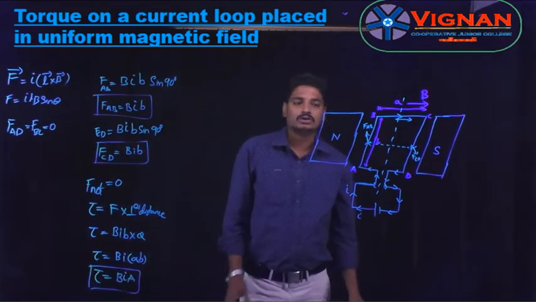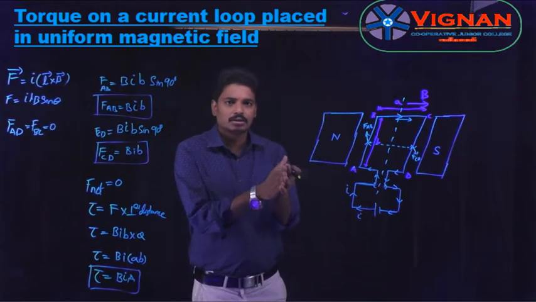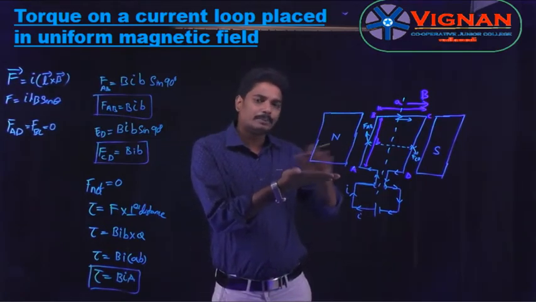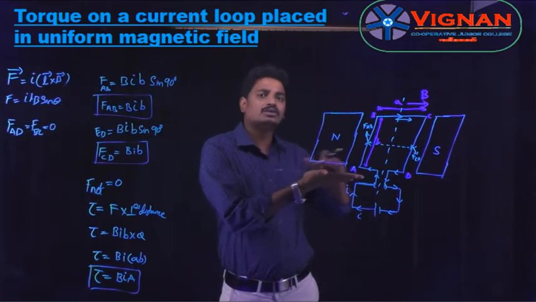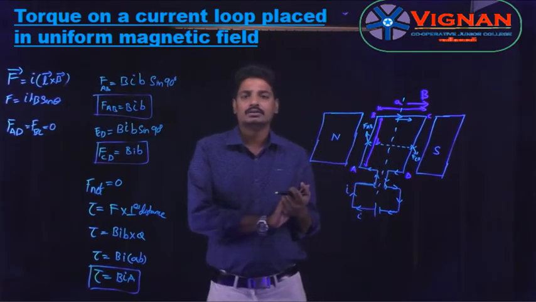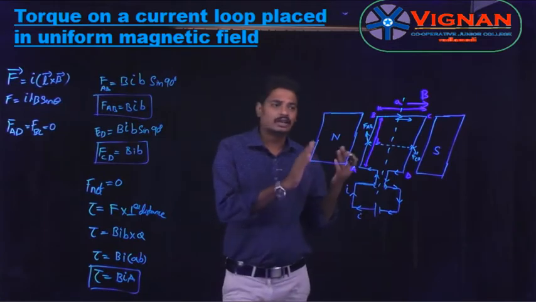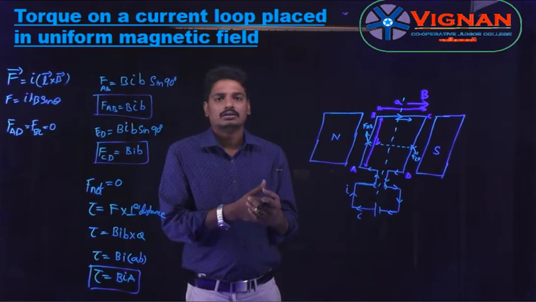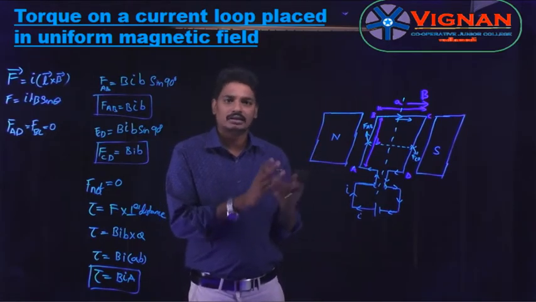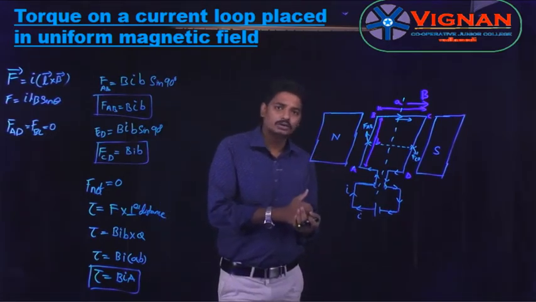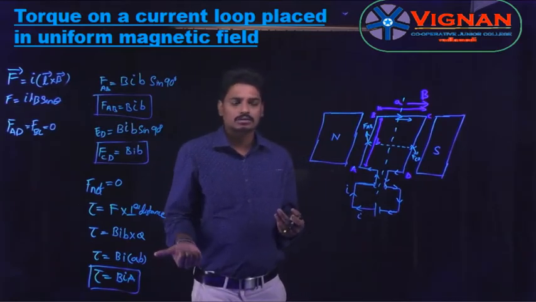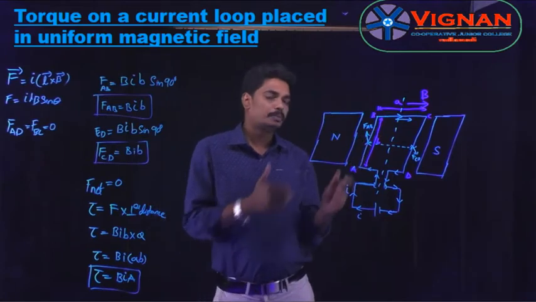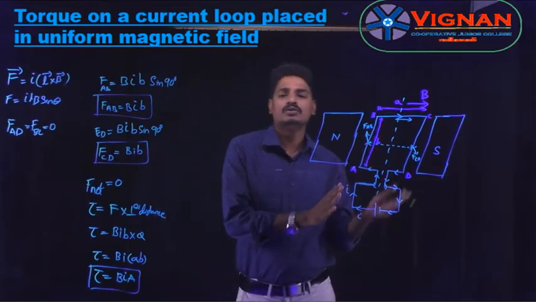Okay, so this is a simple case where the plane of the rectangular coil is parallel to the uniform magnetic field. What happens if this rectangular coil makes some angle with the uniform magnetic field? Let us now discuss the torque on the current loop when it is placed at an angle in the uniform magnetic field.